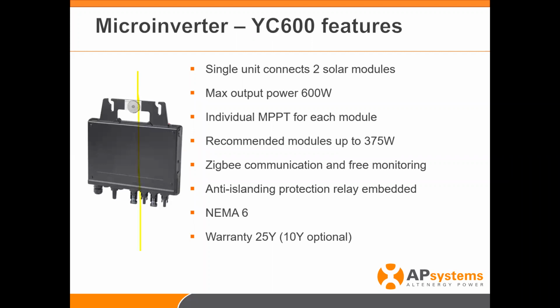As we know, 2 inverters in one for a maximum output of 600 watts, 300 watts per channel, independent MPPT. Again, I just want to make sure that's super clear that each one is independent of each other. One of the common questions we do get is what is the recommended module size for this inverter?